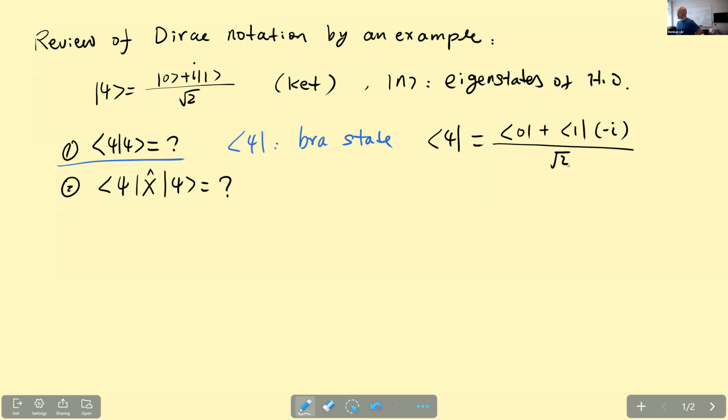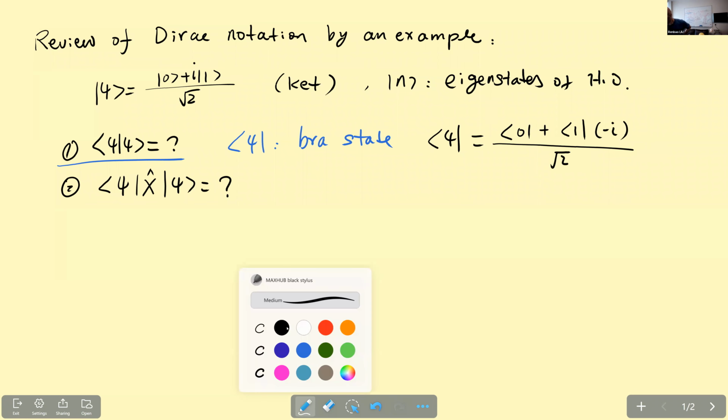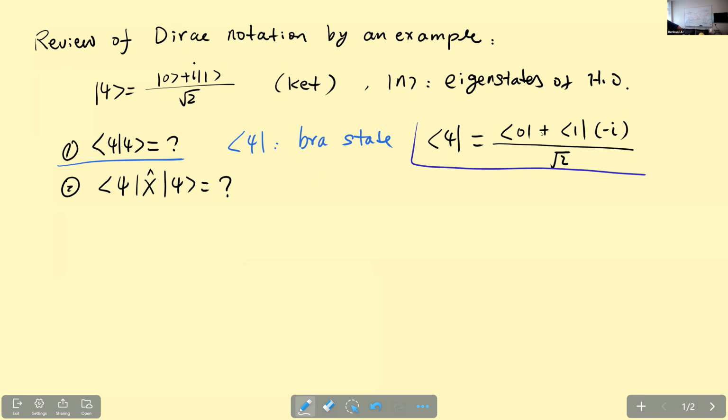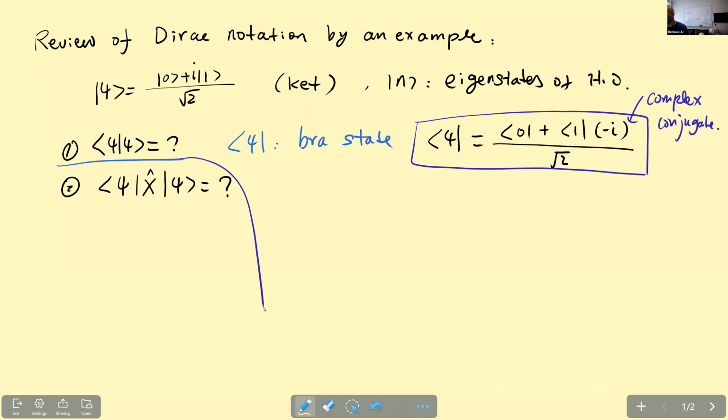So that's one thing you need to be careful about: this must be a complex conjugate. Now remember, the bra state is the complex conjugate of the ket state, right? That is something you need to be careful about. Okay, so now let's try to calculate this one.